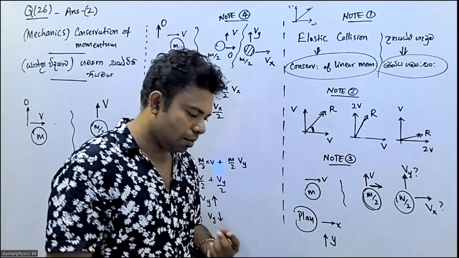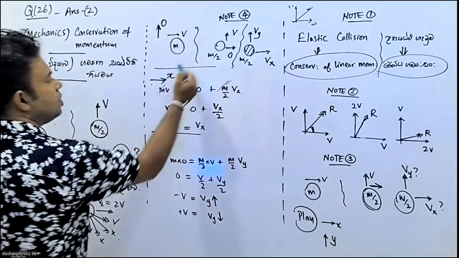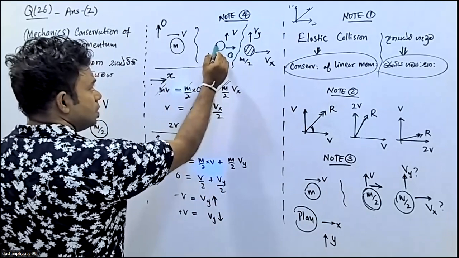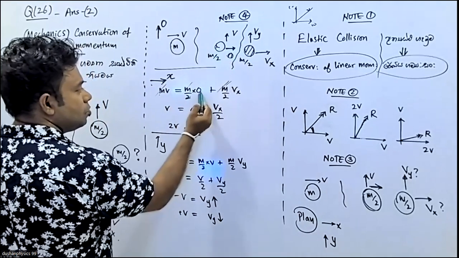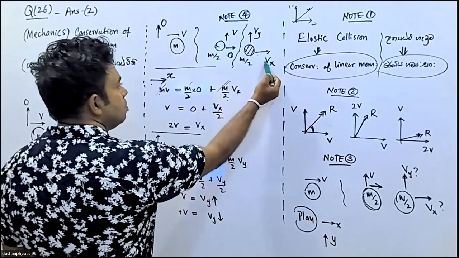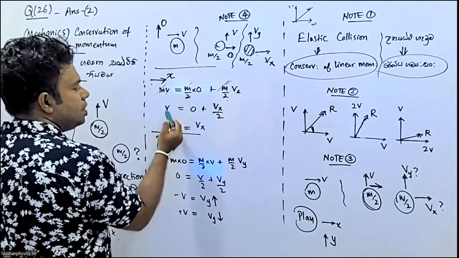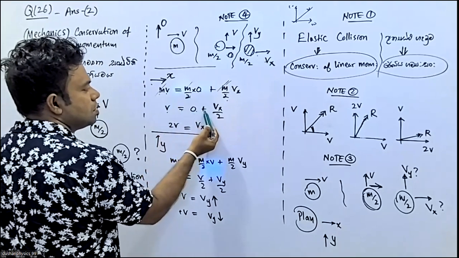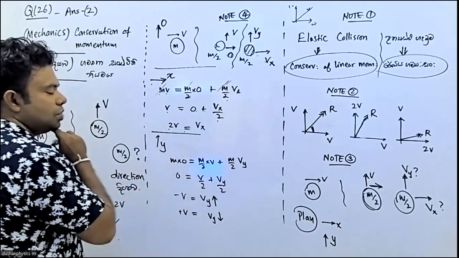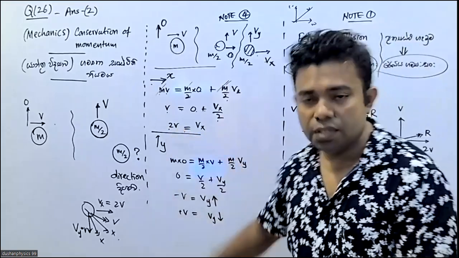Before the collision, mass M with velocity V. After, there is no x velocity in this particular particle, so m over 2 times 0, plus m over 2 times vx. The m gets cancelled. The remainder is v equals 0 plus vx over 2. If you simplify, you get vx equal to 2v.